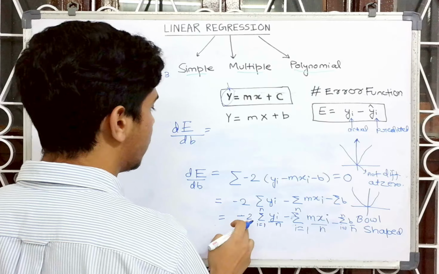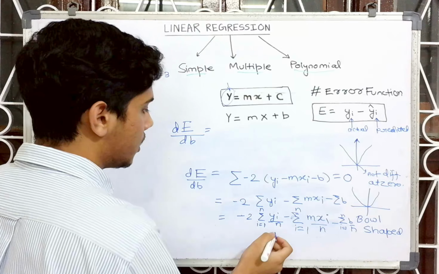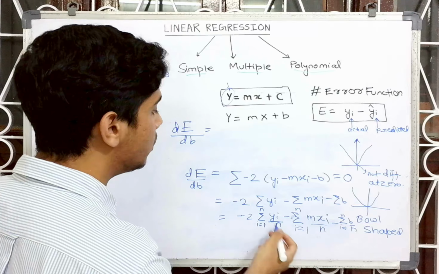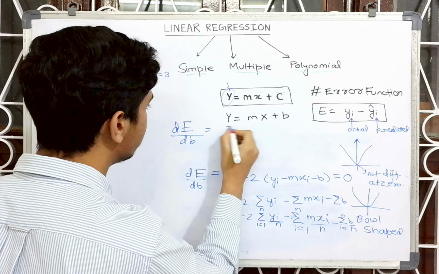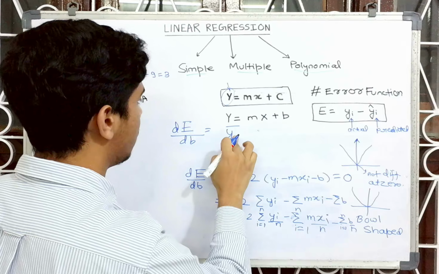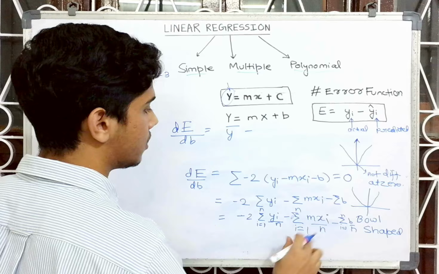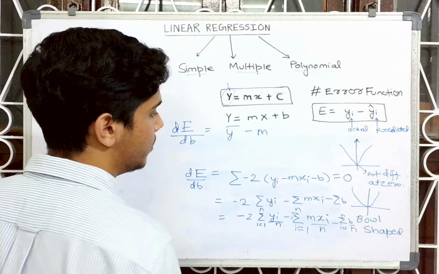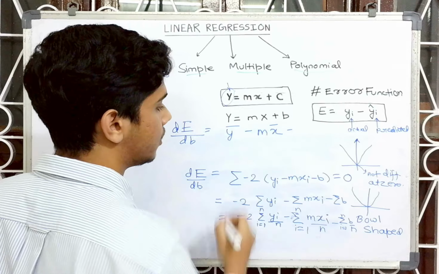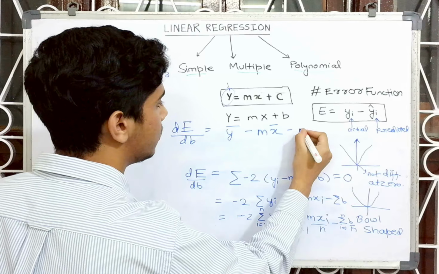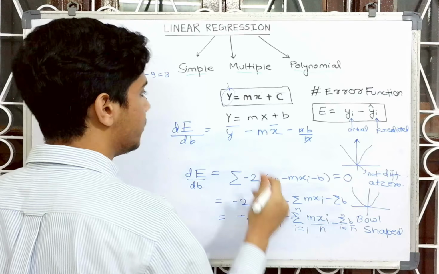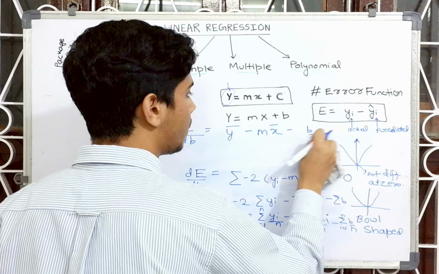So we get summation of yi divided by n, which is nothing but the mean of y, the y mean, minus m times x mean, minus summation of b, where n times b divided by n will cut out the n, and we will get our equation.